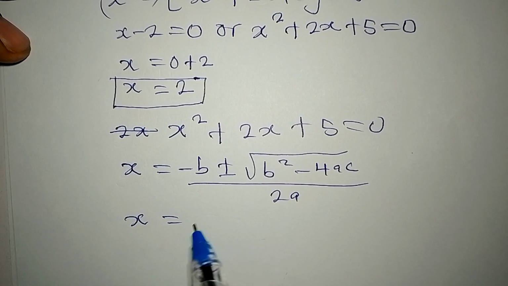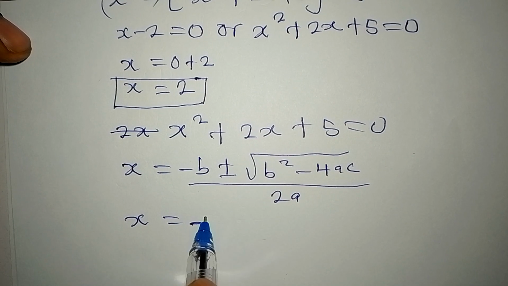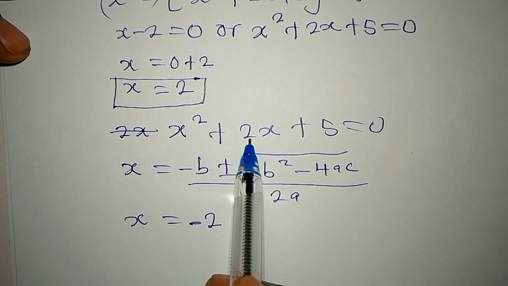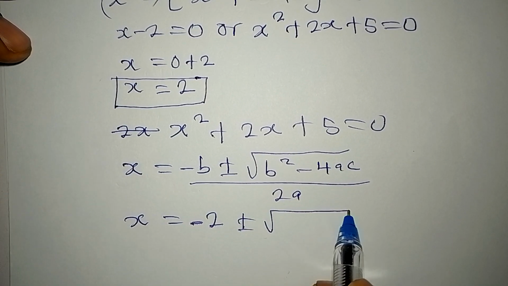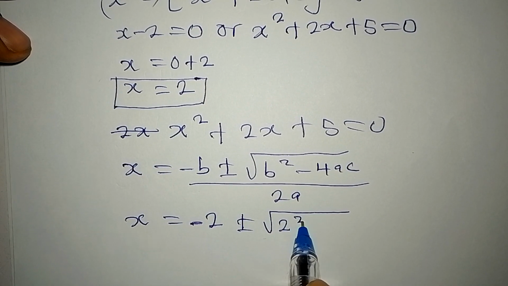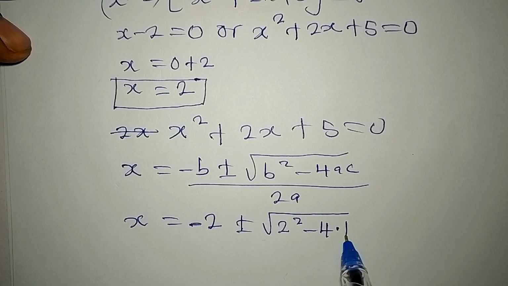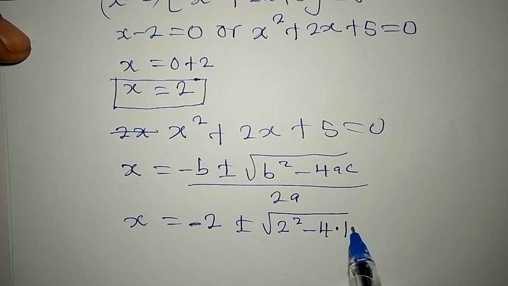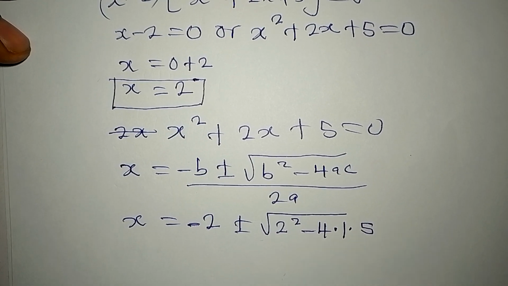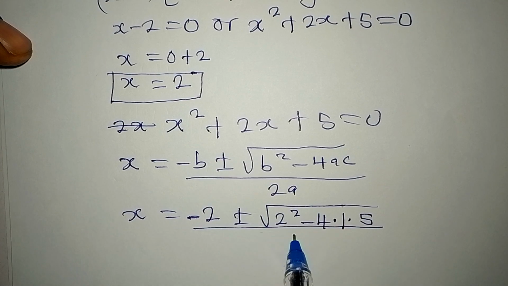So x is equal to, in place of minus b, I'm going to write minus 2 because b is the coefficient of x. Then plus or minus, we have the same 2 squared because b is 2. Then minus 4 times a is 1. That is the coefficient of x squared. Then multiply by c, which is 5.